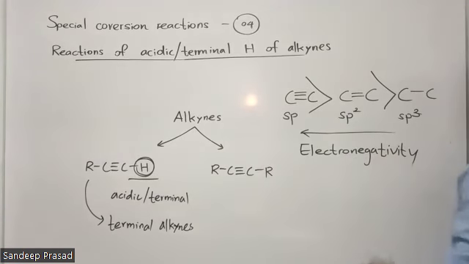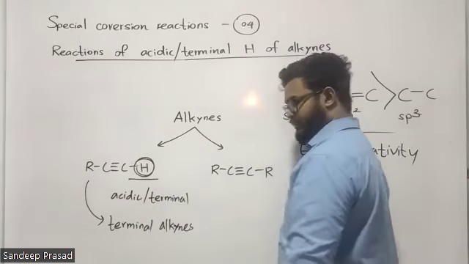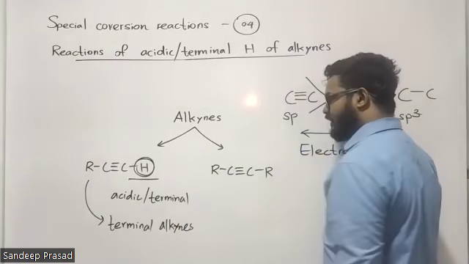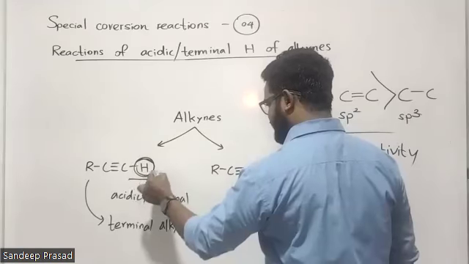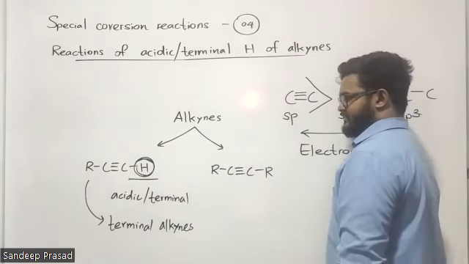So what will happen? This carbon atom is pulling electrons from the hydrogen, so this hydrogen can be eliminated from the compound. Therefore, we consider this an acidic hydrogen or terminal hydrogen.